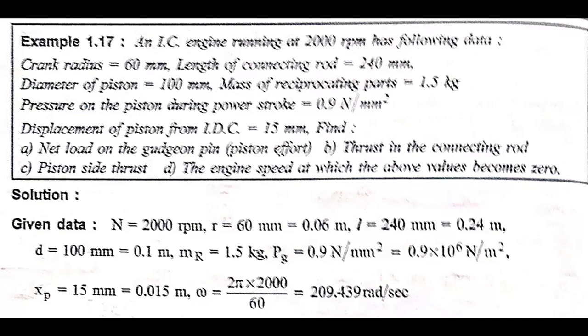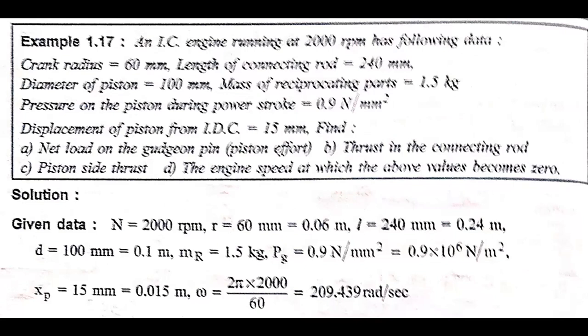The next question: an IC engine running at a speed of 2000 rpm has the following data. Crank radius is equal to 60 mm. Length of the connecting rod is 240 mm. Diameter of piston is 100 mm.